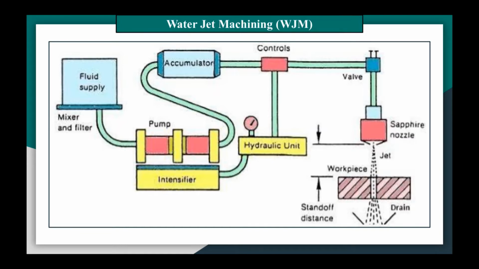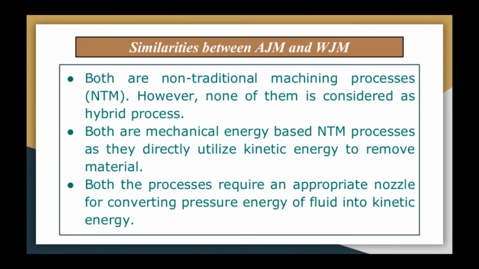Although AJM and water jet machining both employ a high velocity jet to cut the material, they differ in several aspects. So depending on that, we have some similarities and differences between AJM and water jet machining. First I will tell the similarities between AJM and WJM.